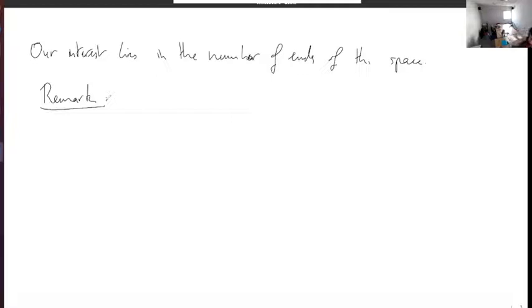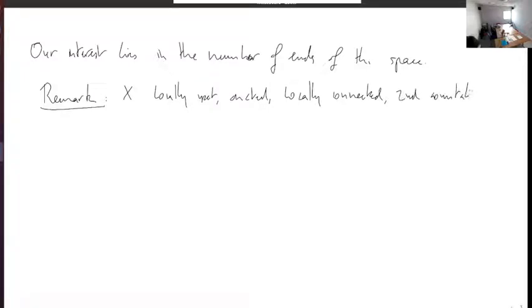Actually, to define an end, it is enough to work with X locally compact, connected, locally connected. To be locally connected is very interesting because it means that the connected components of open sets are always open, and you need that to get local connectedness. And also second countable. Second countable means that you have an exhaustion, like I defined before.